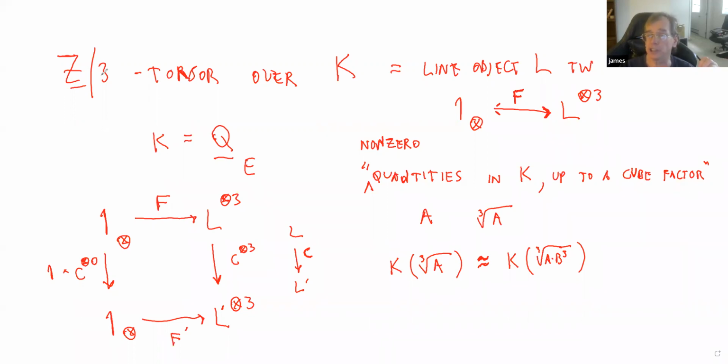The group ring itself is a representation, and because the functor preserves tensor product, that representation is going to get taken to a commutative ring object in vector spaces over K, and you can see it's going to be a cubic extension of K. So there's a very straightforward way to extract a cubic extension from one of these torsors.